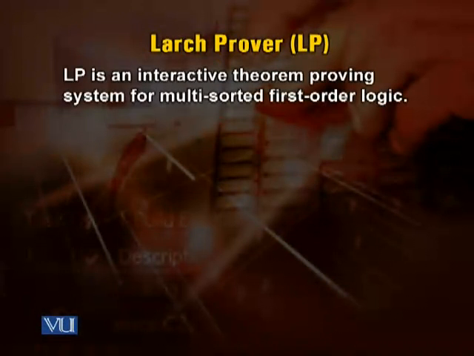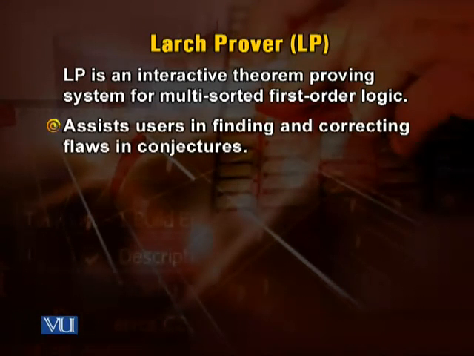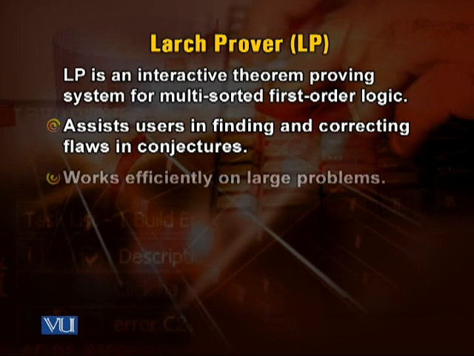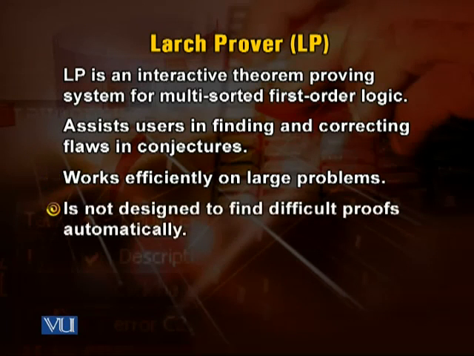The third component is the large prover. Large prover, or LP, is an interactive theorem proving system for multi-sorted first order logic. It assists users in finding and correcting flaws in conjectures, and it works efficiently on large problems, but it is not designed to find difficult proofs automatically.